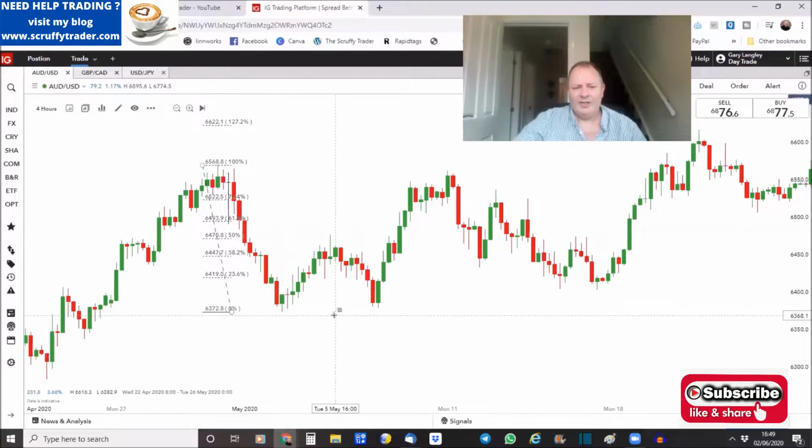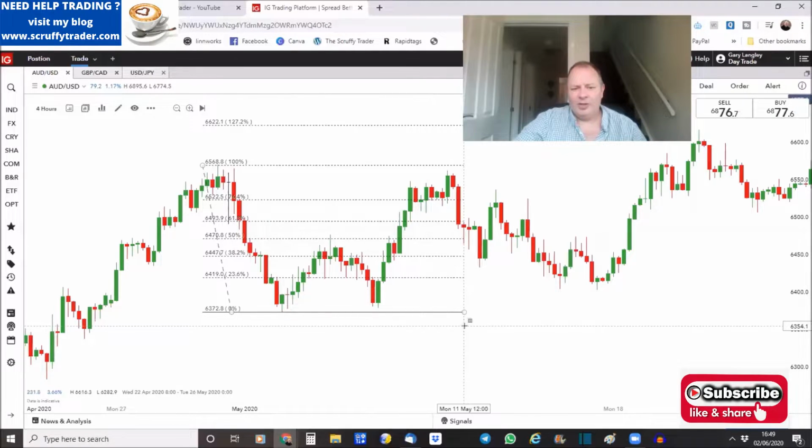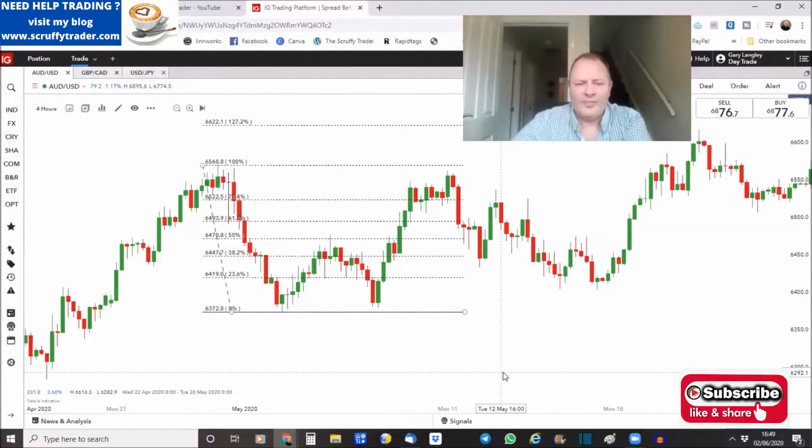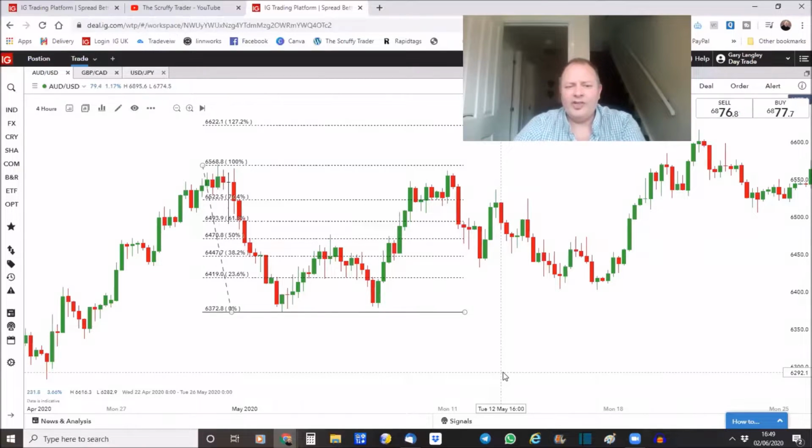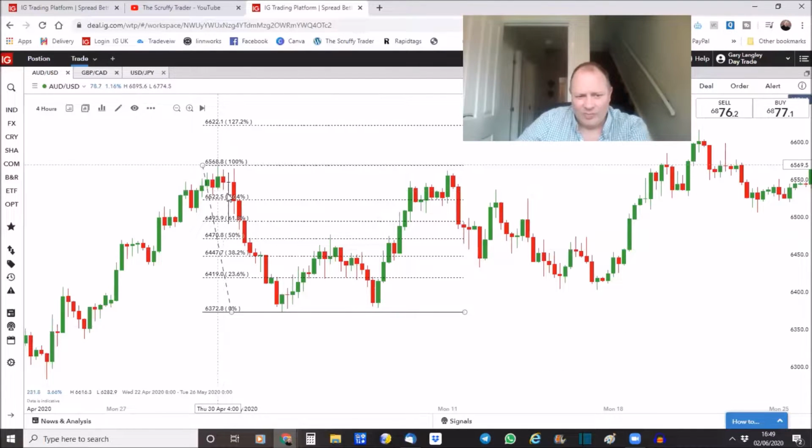Okay, so we've got that, and if you pull it across, any strong directional move, a good 80% of the time, will retrace back to 50%. So there's your move down, and it's clipped the 50%.